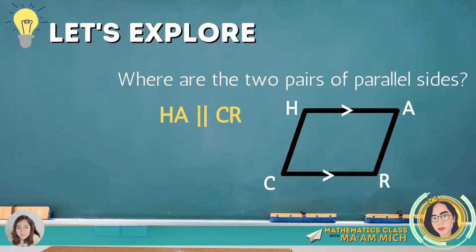Okay. First pair, we have side HA is parallel to side CR. Ayan. Nakikita nyo ngayon sa illustration na to. And then, this symbol means parallel yung side natin. So, the first pair of parallel side.